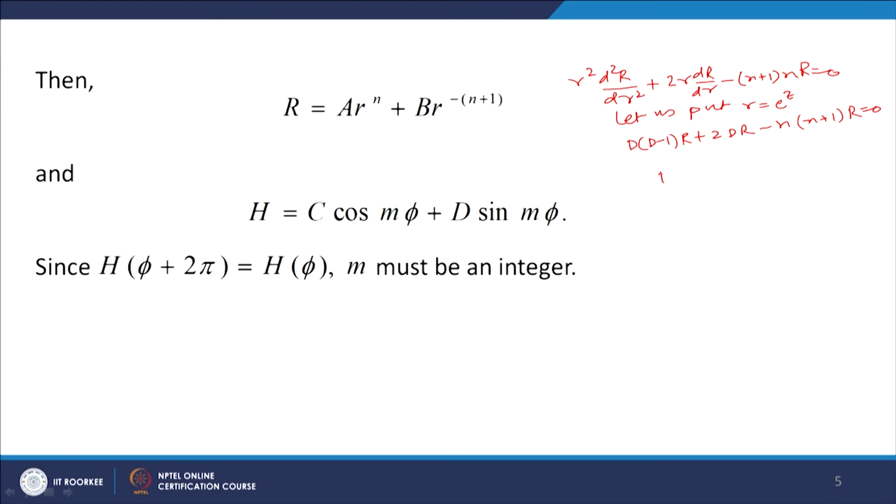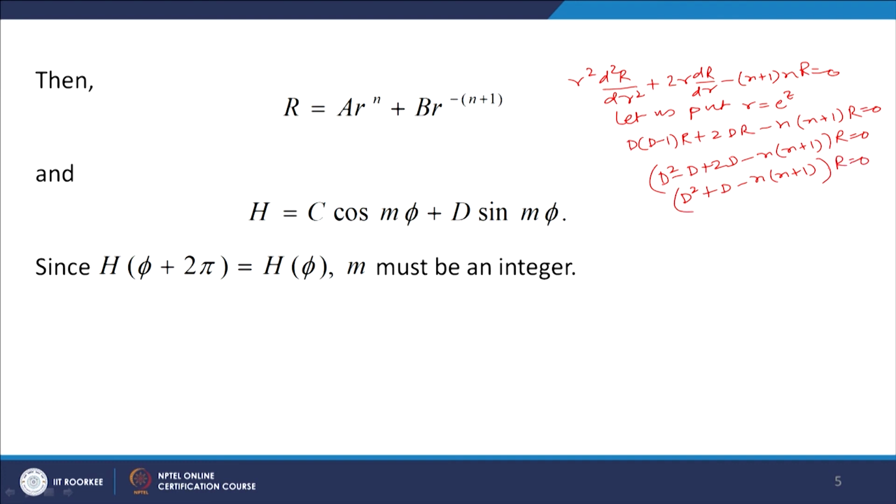R, I can write it as D square minus D plus 2D minus n into n plus 1 operating on r equal to 0, and what we get then is D square plus D minus n into n plus 1 operating on r equal to 0.